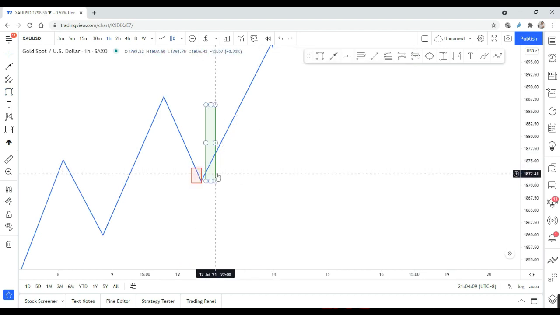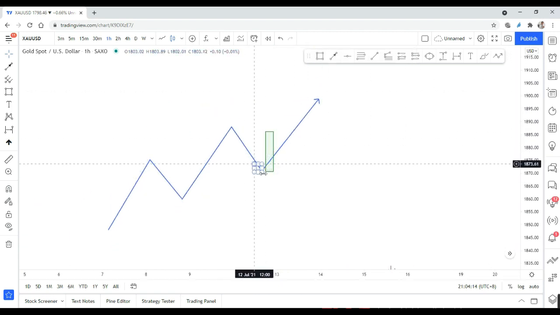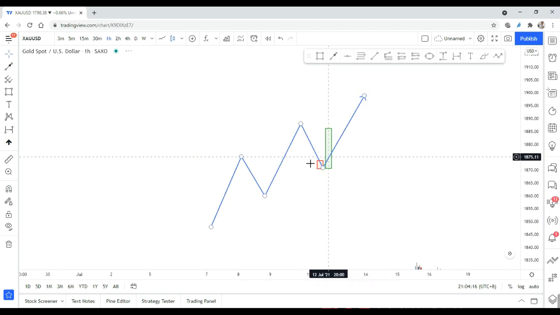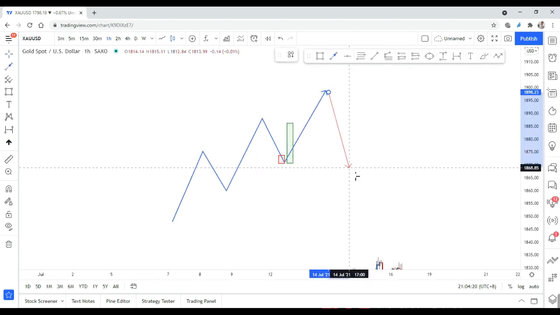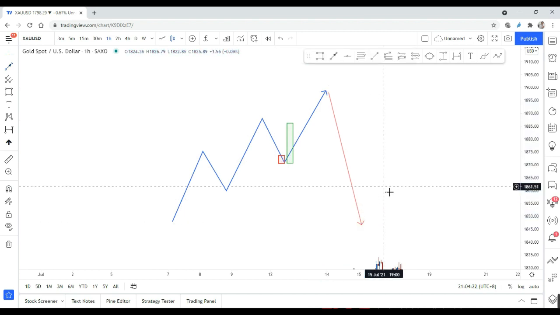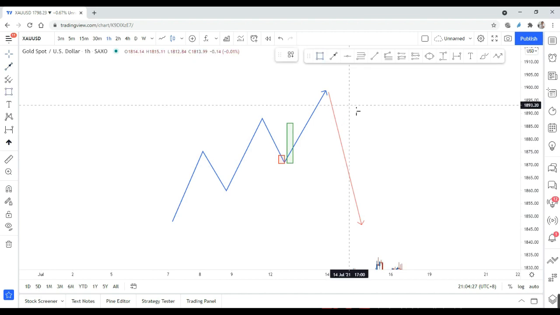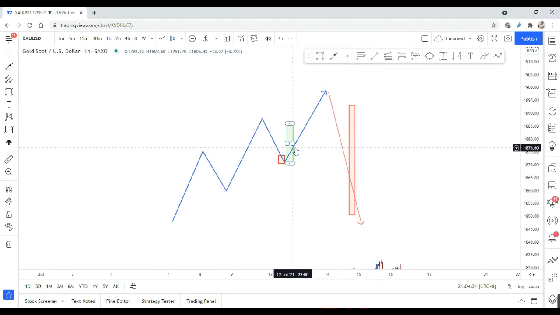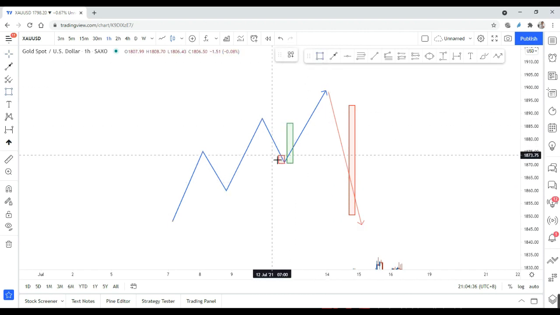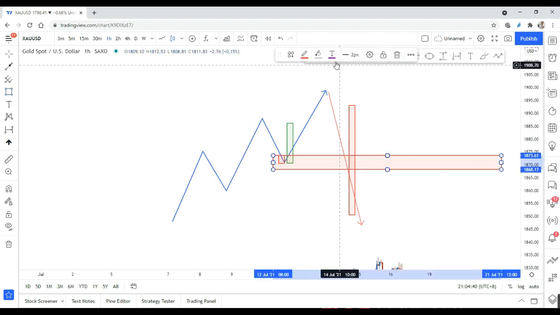So there is a demand zone over here. What happens next is that the price dropped, breaking this demand zone, something like this. So first we have our demand zone, and we mark it something like this.